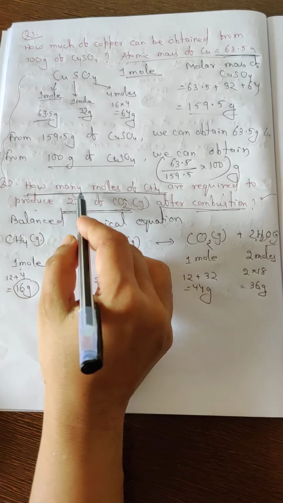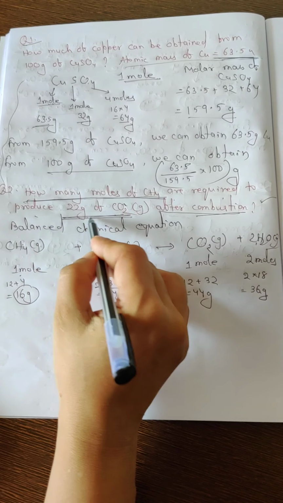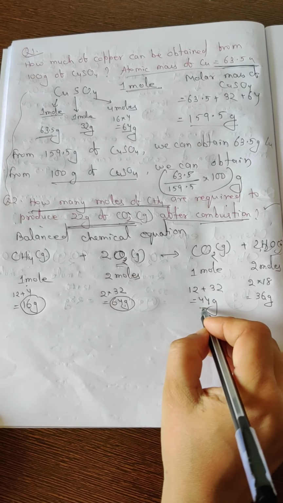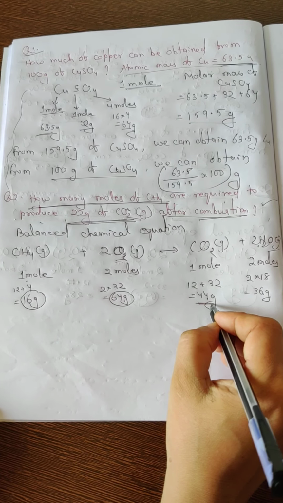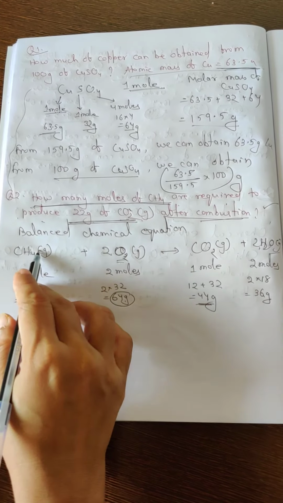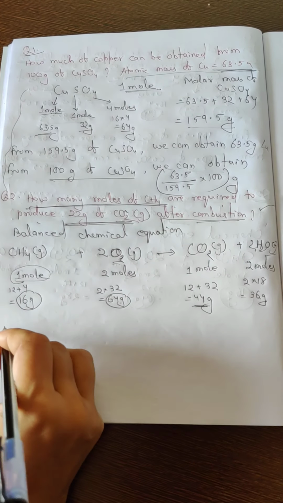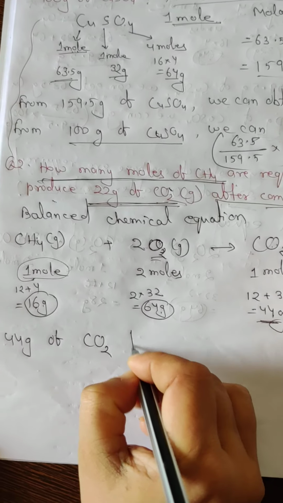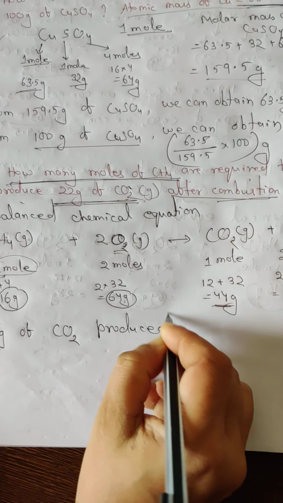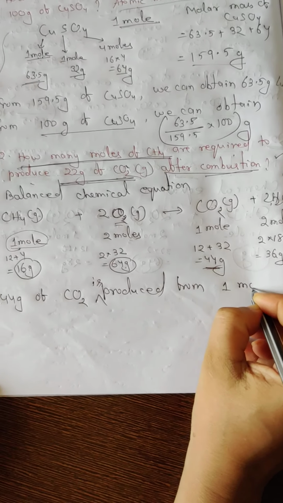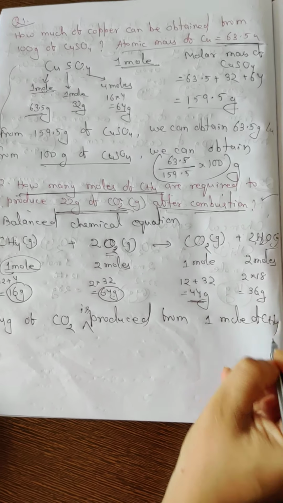So how many moles of methane are required to produce 22 gram of carbon dioxide? 44 grams of carbon dioxide is produced from 16 gram of methane, or 1 mole of methane. So you can write, 44 gram of carbon dioxide is produced from 1 mole of methane.